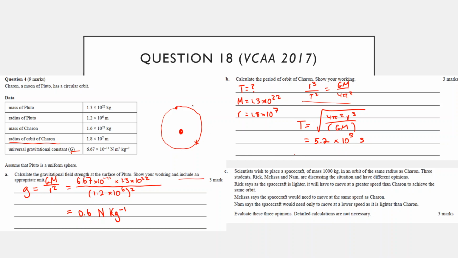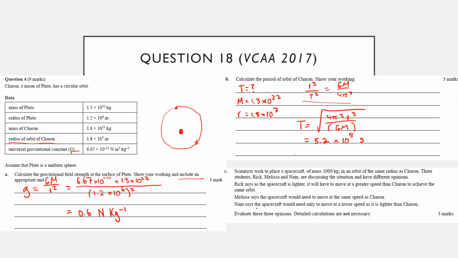Three students, Rick, Melissa, and Nam, are discussing the situation and have different opinions. Rick says, as the spacecraft is lighter, it will have to move at a greater speed than Charon to achieve the same orbit. Okay, sure. Melissa says the spacecraft would need to move at the same speed as Charon.